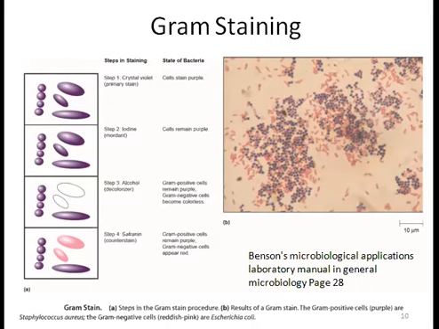This step generates the differential aspect of the Gram stain. Here in this picture, you can see some bacteria are colorless and some are blue due to the crystal violet. Gram-positive bacteria retain the crystal violet, whereas Gram-negative bacteria lose their crystal violet and become colorless.